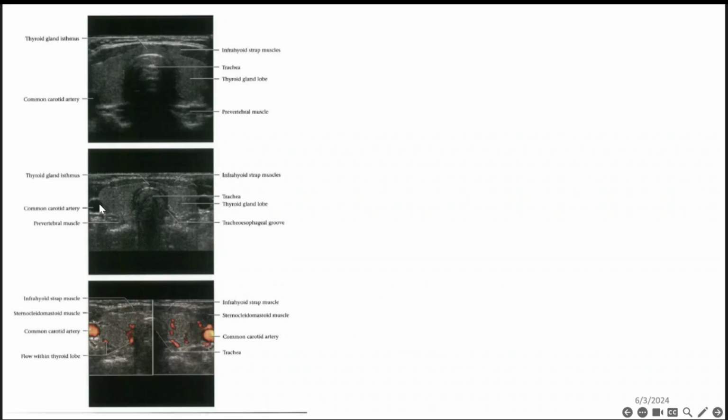So again, at the mid level, we still see the two lobes, the trachea, excuse me, the infrahyoid strap muscles, and more inferiorly with color Doppler, we see normal flow to the gland and the carotid artery on each side.